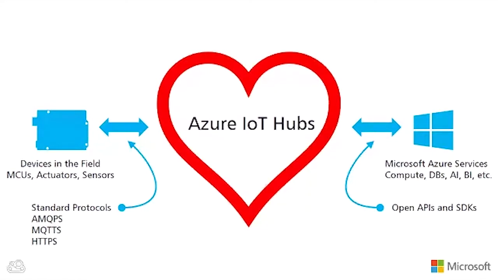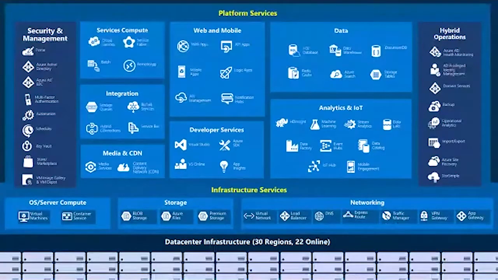So a wide array of language-specific APIs to help you consume those, or worst case, just some standard REST APIs to be able to consume those messages. So that's the overall view of what IoT Hub's role is in the Microsoft Azure IoT Stack. If I look at this slide, this is a somewhat dated view of the breadth of the platform that's up in Azure. But if I focus in down here, that's the IoT Hub service, right?